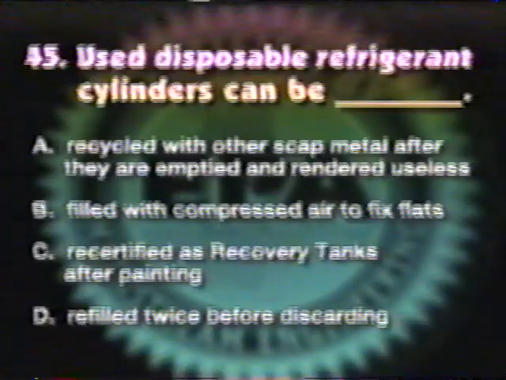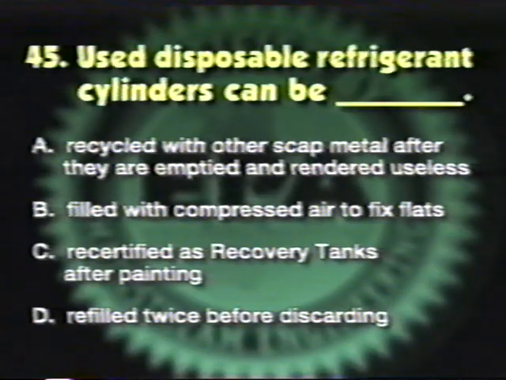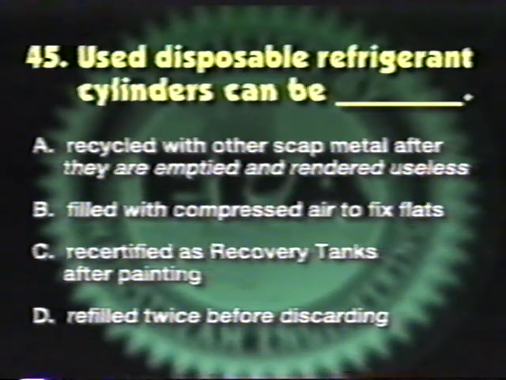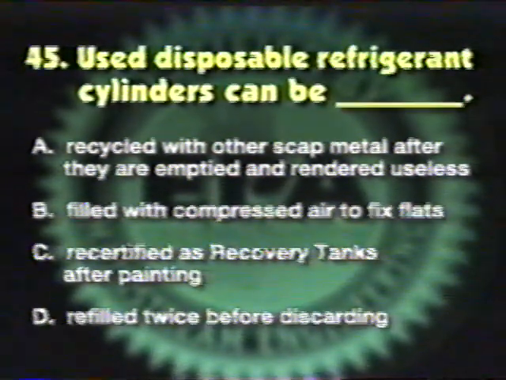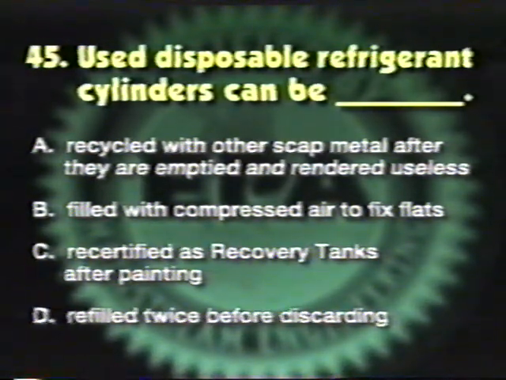Used disposable refrigerant cylinders can be A. Recycled with other scrap metal after they are emptied and rendered useless. B. Filled with compressed air to fix flats. C. Recertified as recovery tanks after painting. D. Refilled twice before discarding.